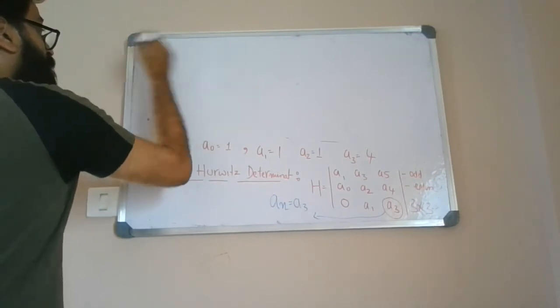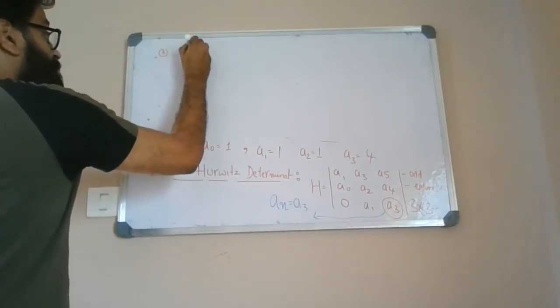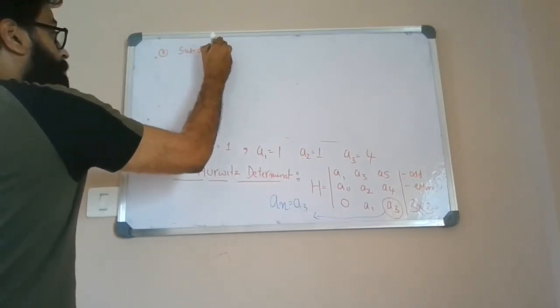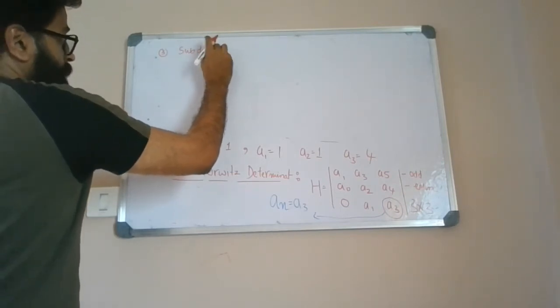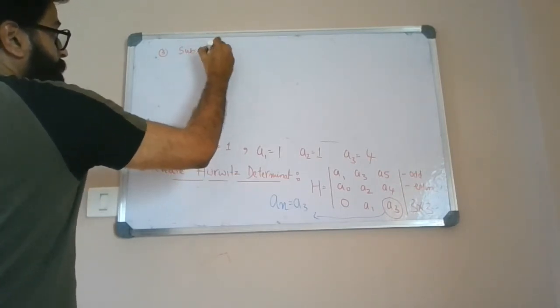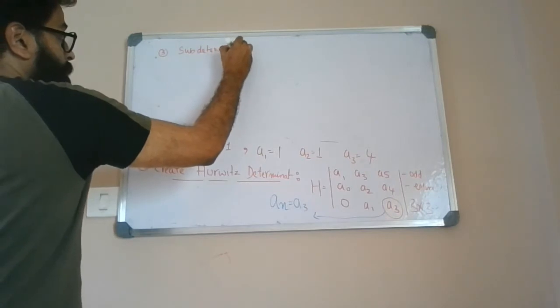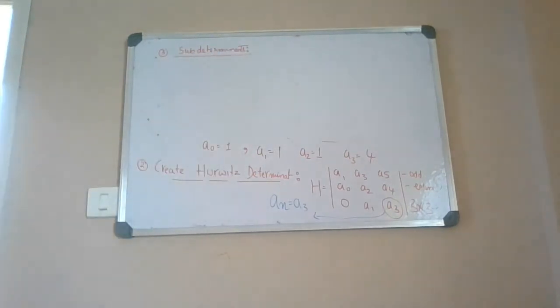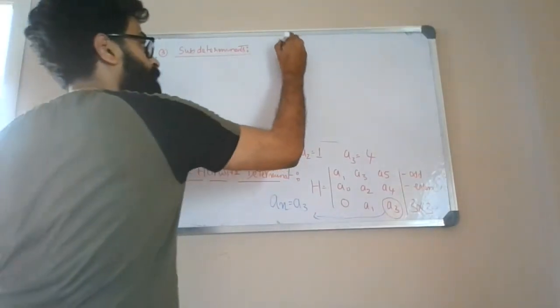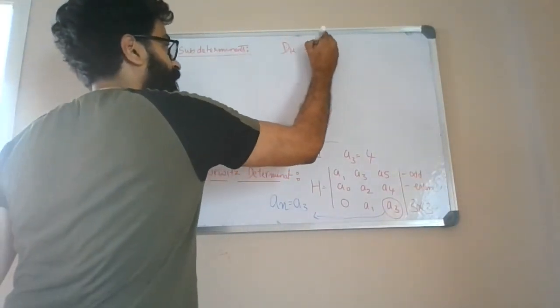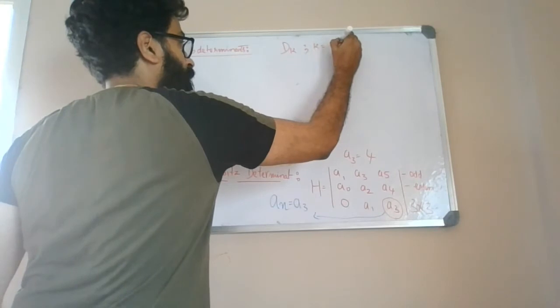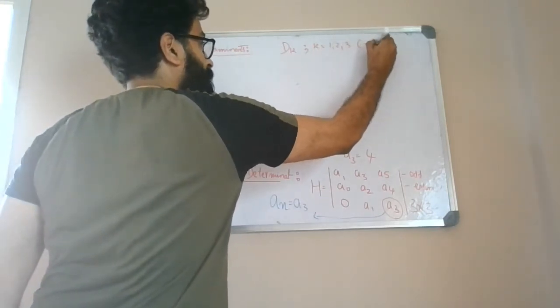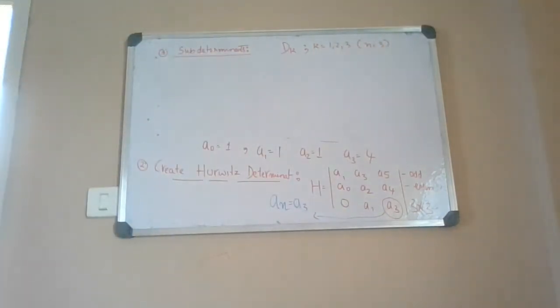Next you write subdeterminants, Dk, where k is equal to 1, 2, 3. That's because n is equal to 3. So how many subdeterminants are we going to have?